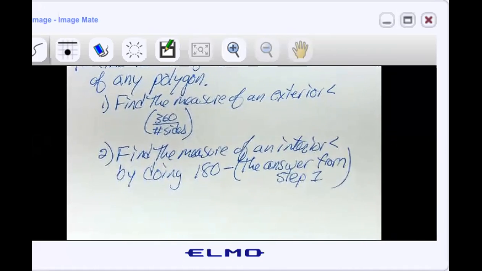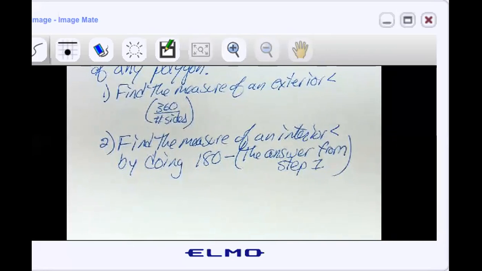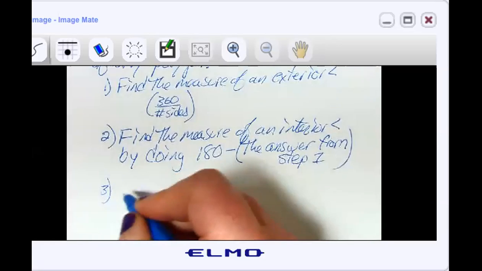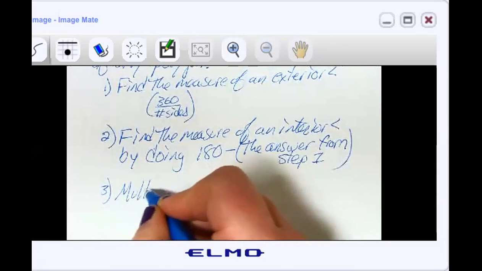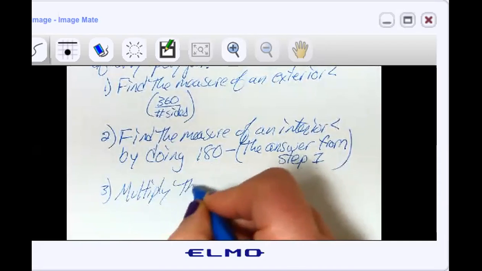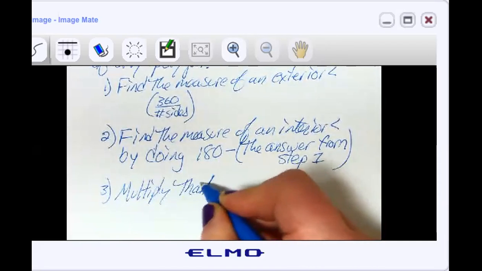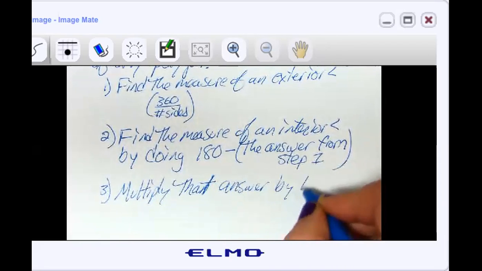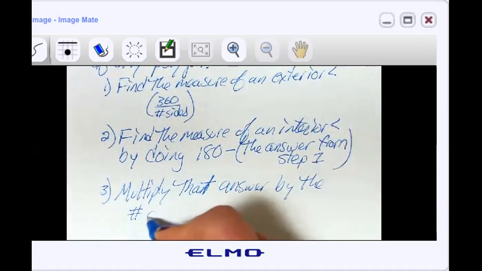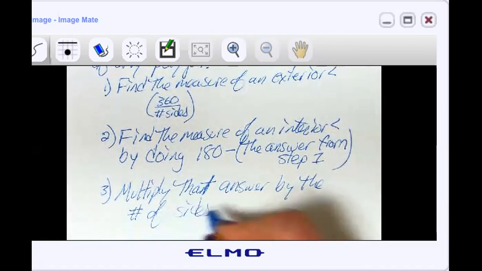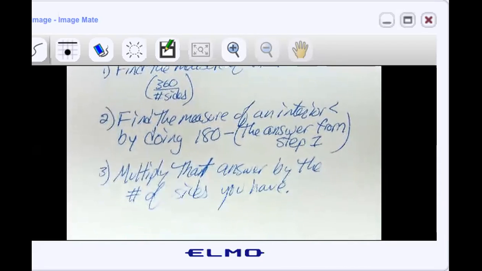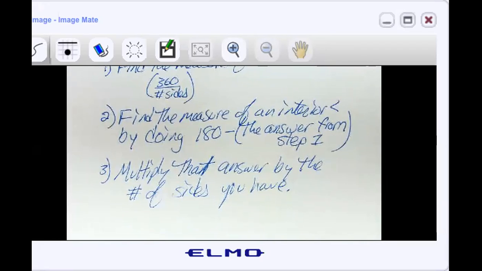And then, once you have the measure of that one interior angle, now you're just going to multiply by the number of sides you have, and you're done. Multiply that answer by the number of sides. That's it. And then you have the sum of all of the interior angles of any polygon.